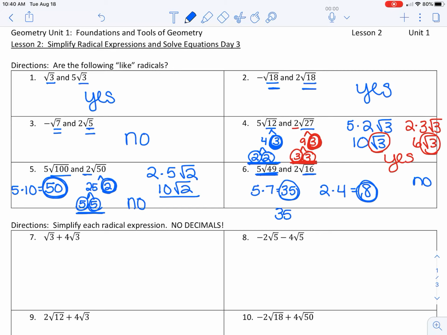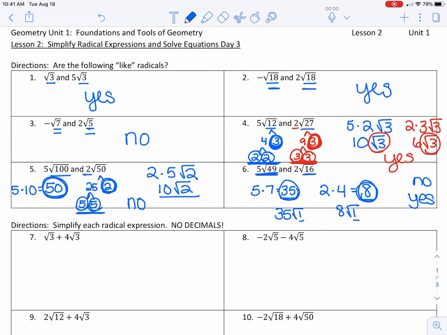So if I had 35 root 1 and I had 8 root 1, technically they still have the same number underneath here. So they do have like radicals. So some people might say yes. I really don't know which one I would prefer. I would probably look at that at first and say, well, 35 and 8, they don't even have radicals, so they're not like. It's kind of a teacher preference, I would think.